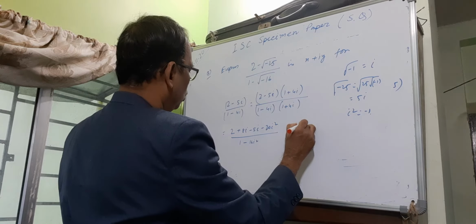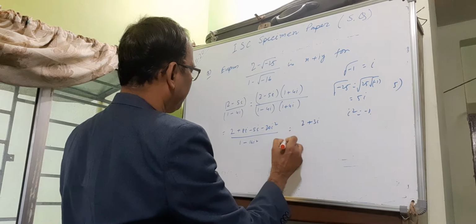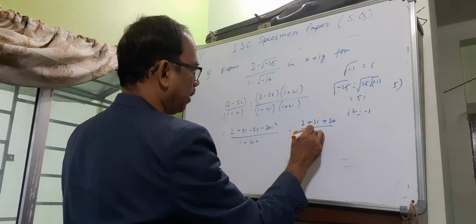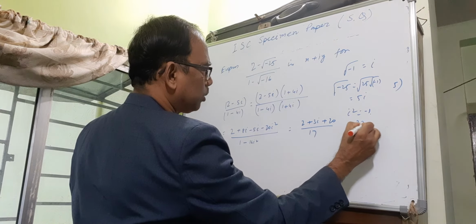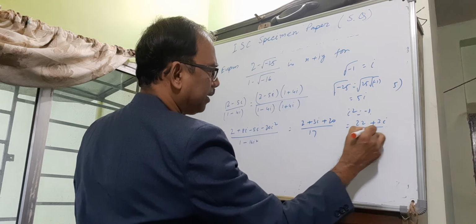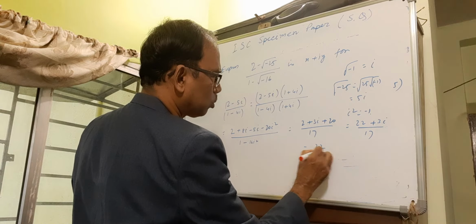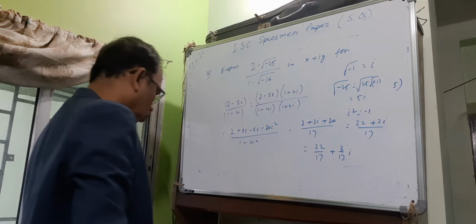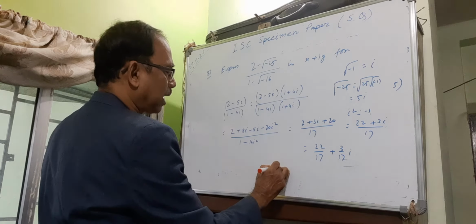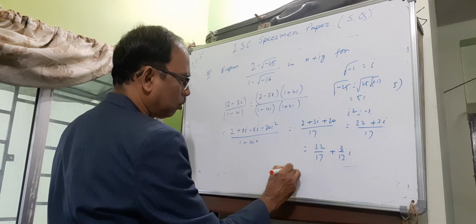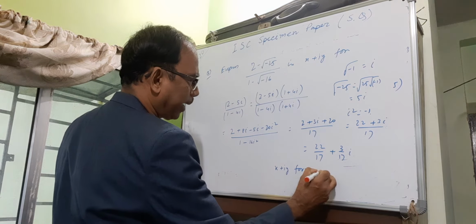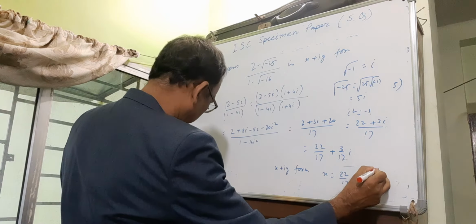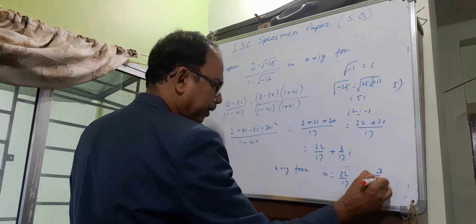That is 2 plus 3i, 8i minus 5i, plus 20 over 17. That is (22 plus 3i) by 17, that is 22 by 17 plus 3 by 17 i, which is x plus iy form, where x equals 22 by 17 and y is 3 by 17.